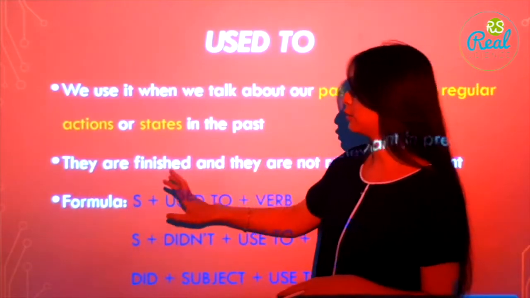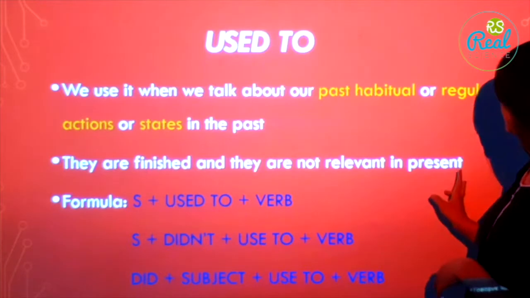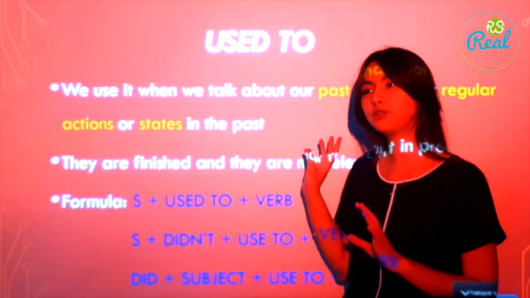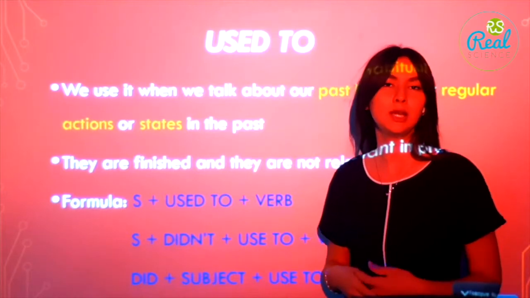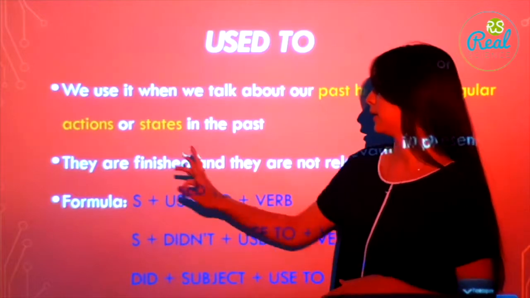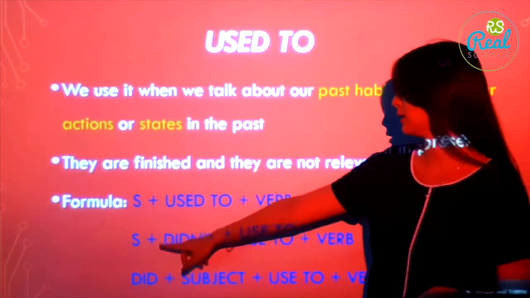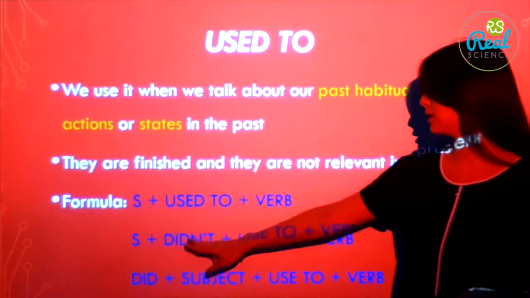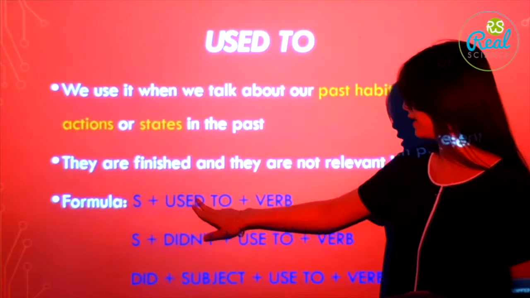Now let's look at the formula. These actions are finished and not relevant in the present. So when we use used to, this means that our action in the past finished and we don't do it now. This is the simple formula: subject plus used to plus verb. This is the negative form: we just add didn't, and we get rid of the d.